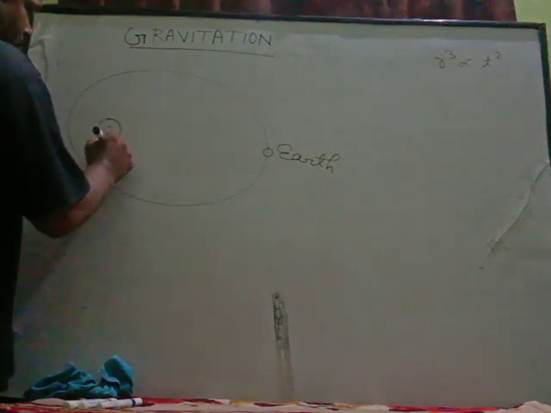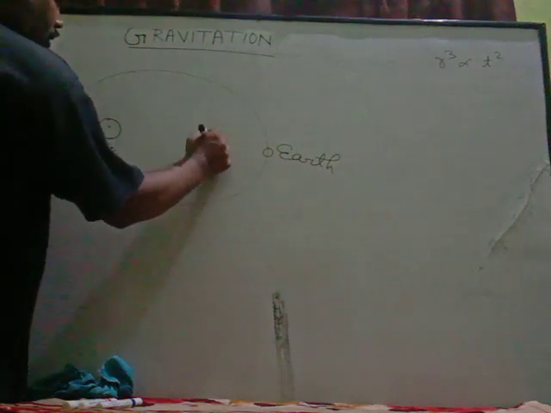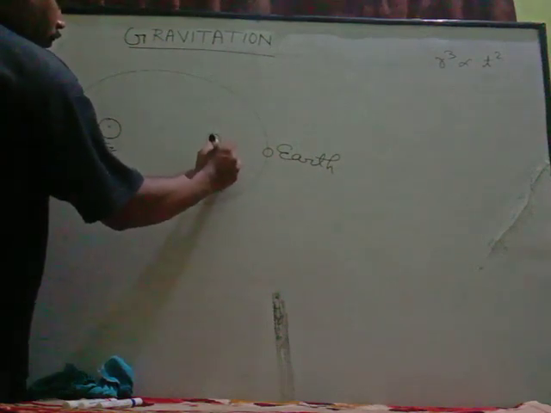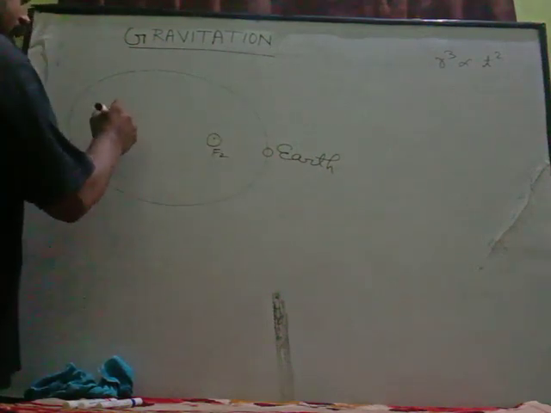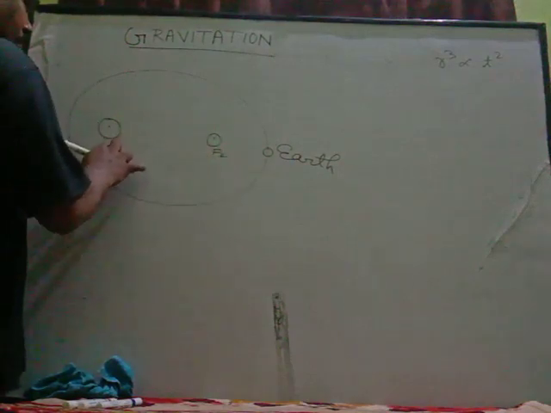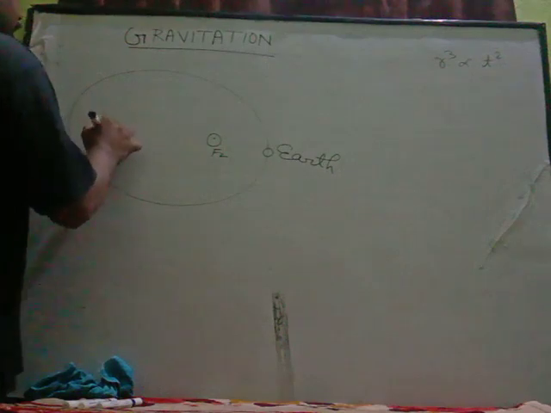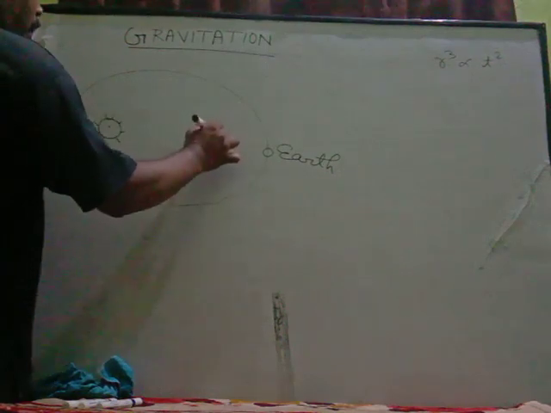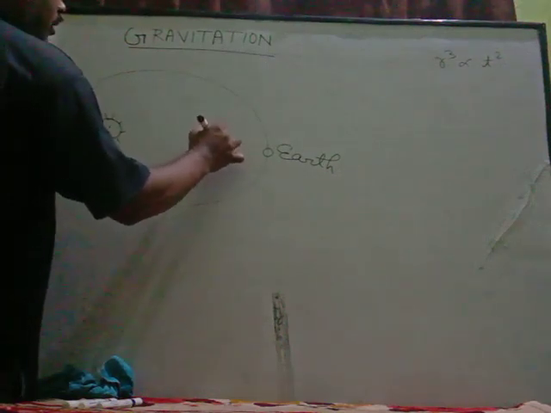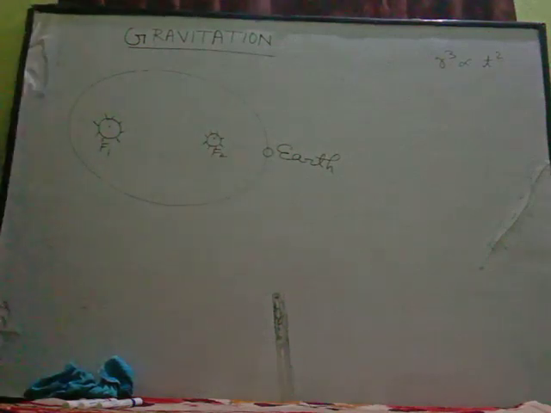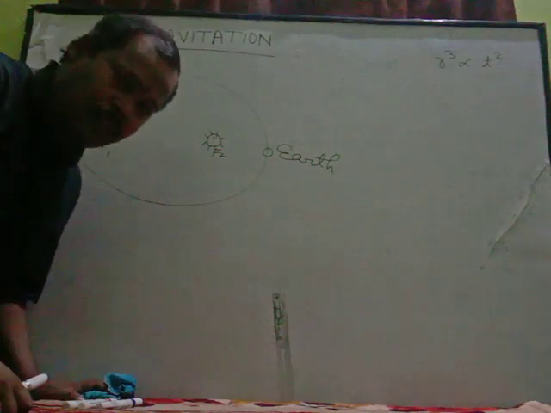This is F1, this is F2. So either the sun will be at F1 or F2. This is the sun. This is the first law given by Kepler. Law of orbit, it is also known as law of orbit.